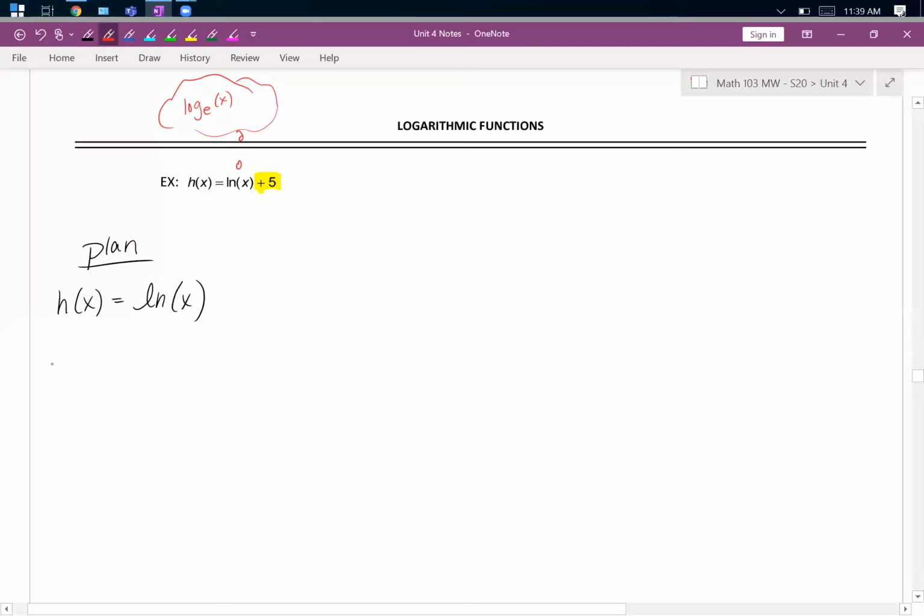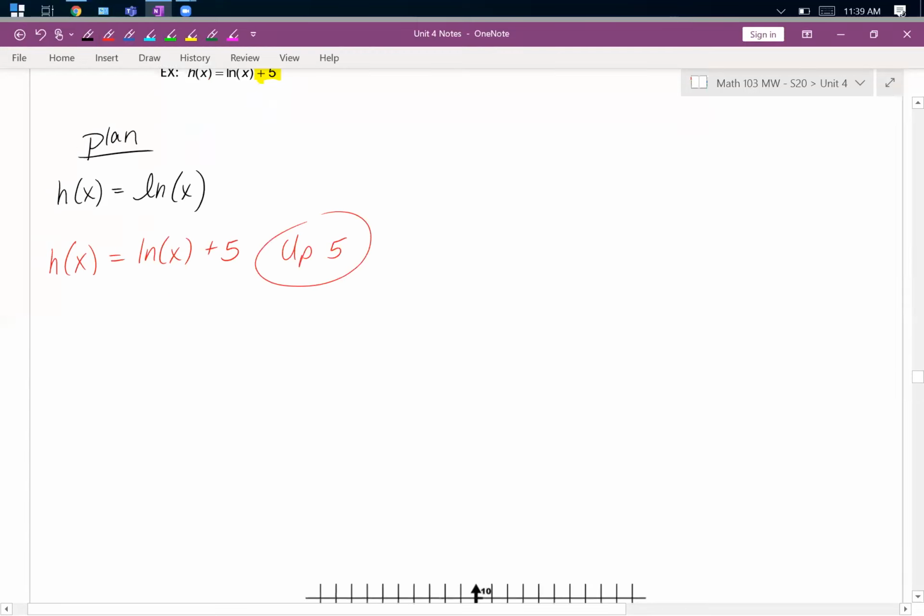Next, we want to identify our first transformation. We said we had a transformation of plus 5. And Anthony already told us that that's going to be up 5. We have a plan. It's time to execute.